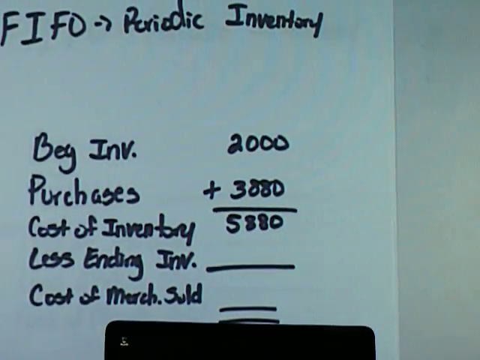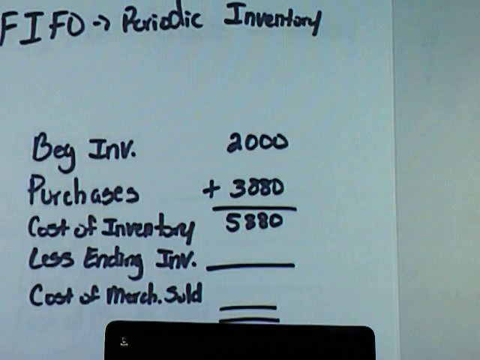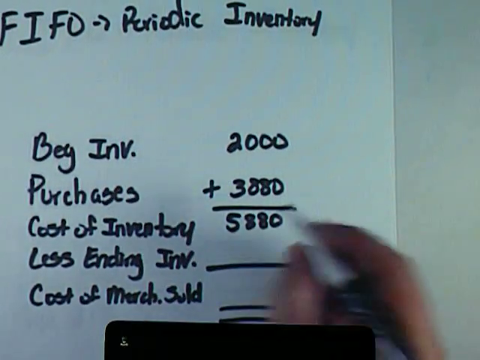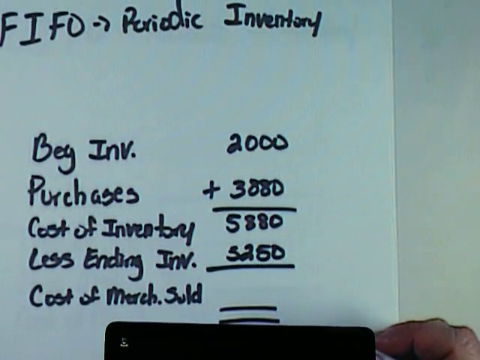Okay? Now, my ending inventory is shown on that grid on page 320, but it's also shown on the grid under the perpetual system. I was left with 50 units at $21 apiece and 100 units at $22 apiece under the FIFO system for a total of $3,250 of ending inventory.